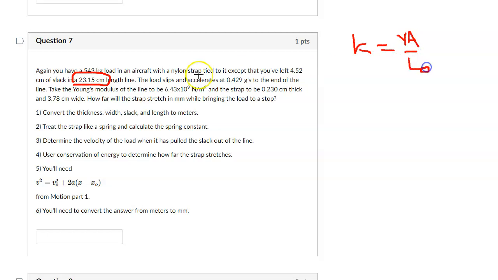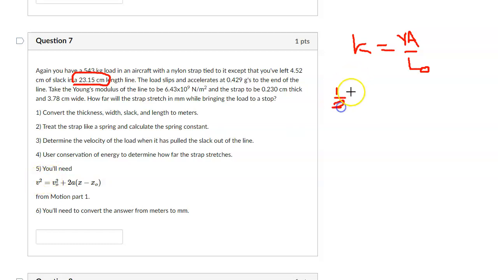You need to convert it to meters. So instead of 23.15 centimeters, this would be 0.2315 meters. And that gives you your spring constant. Well, now we know the spring constant, we know the velocity, we figured that out, and we're just going to use conservation of energy.